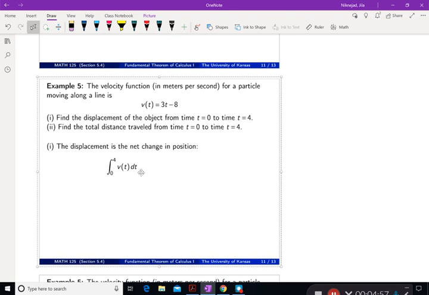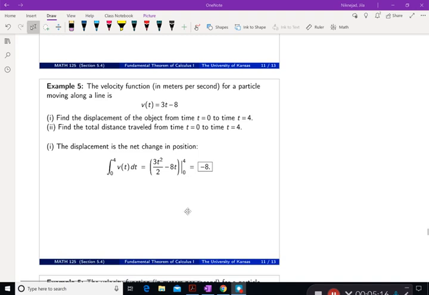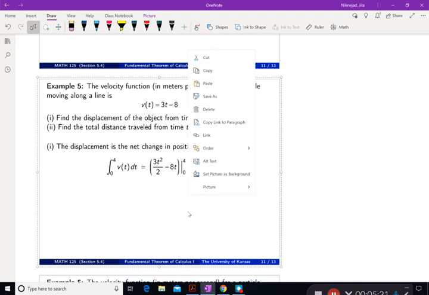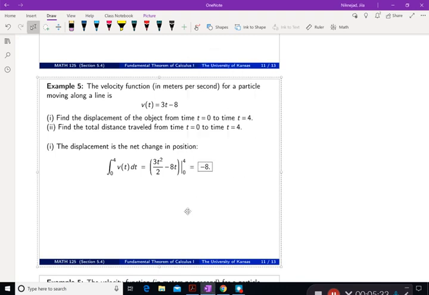Now, by using the fundamental theorem, you don't even have to worry about that constant anymore. So you can compare this question to very similar questions in section 5.3 and see the difference. When you take the antiderivative, we calculate the integral term by term: it gives you 3t squared divided by 2, and 8 gives you 8t.